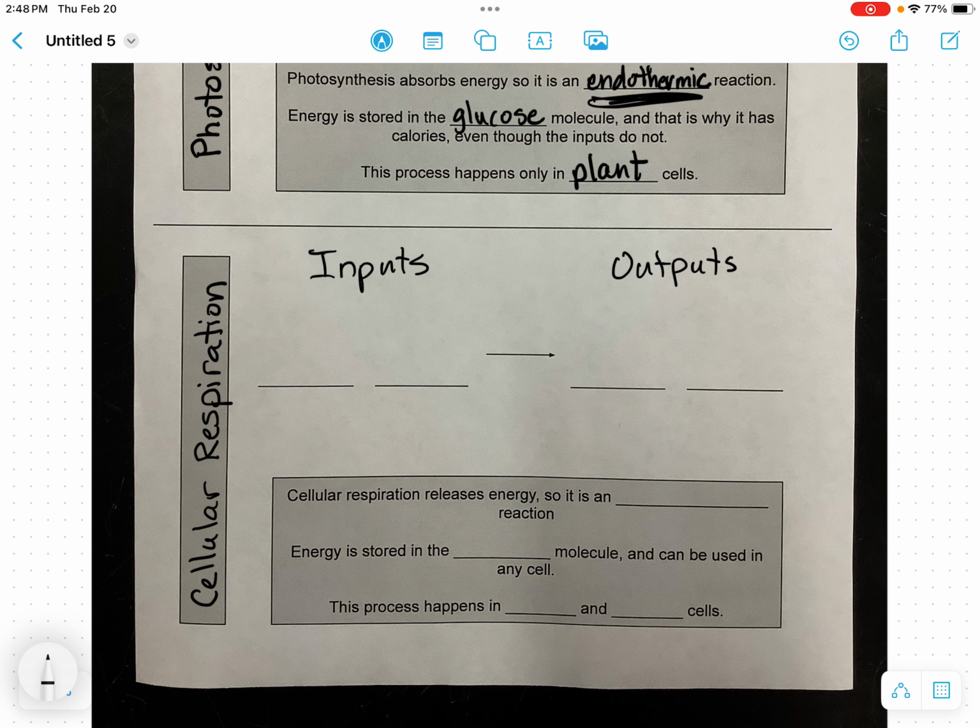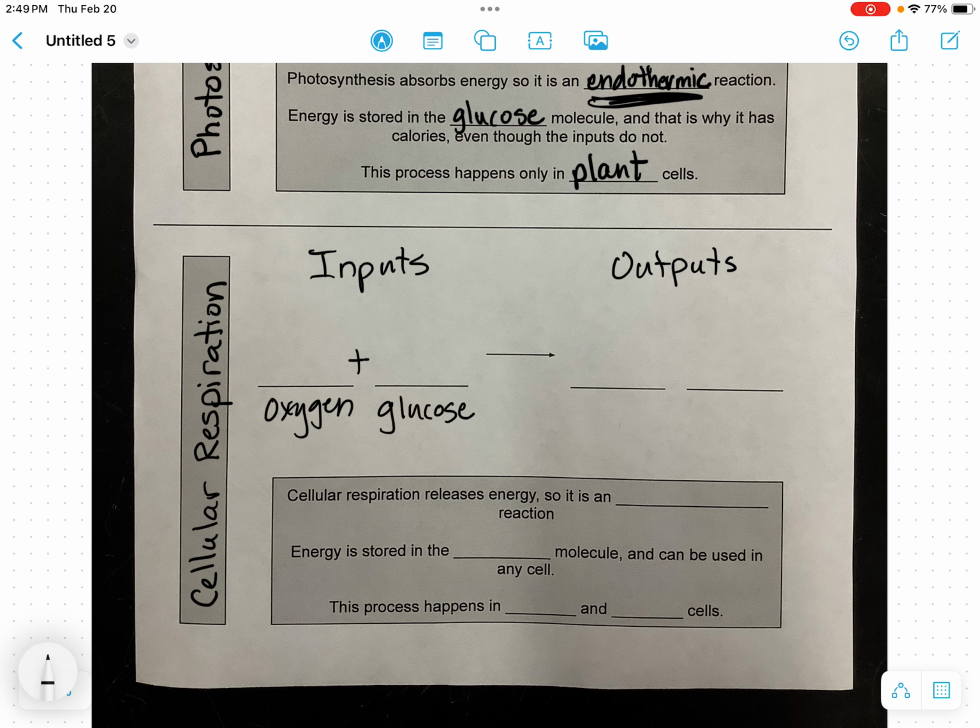So cells all need the same thing. They all need oxygen. So if you have a mitochondria in your cell, you need oxygen for that mitochondria. We'll start that out. Oxygen. And all cells also need some sort of energy, and that energy is going to come from glucose.